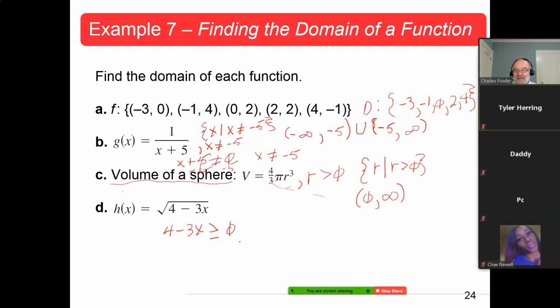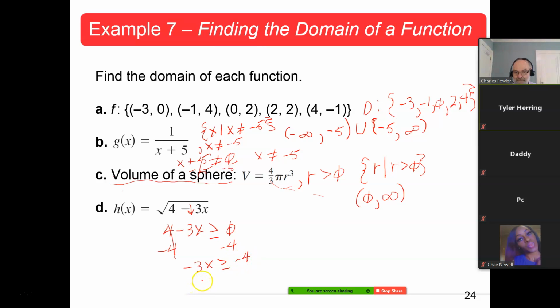It just can't be a negative number, like you said. So we want to solve for x, but this is an inequality now. So we'll subtract 4 from both sides, just like we do with an equation. These go to 0, so you get minus 3x is greater than or equal to negative 4.